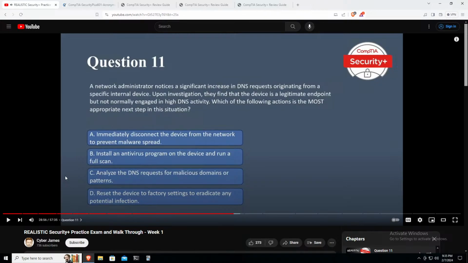Right. I guess I jumped the gun here, and I just assumed it was malware without any indication of it being malware. Bad on my part. That's a good note. When you do a bunch of security questions, you're immediately just thinking everything is bad, right?